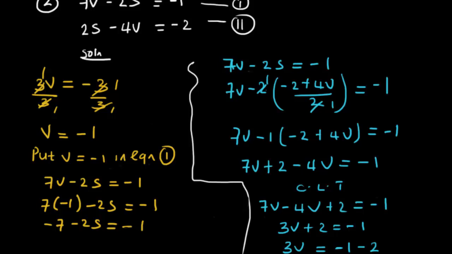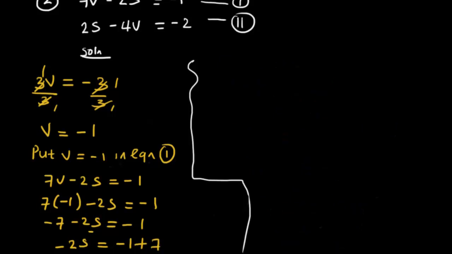Minus 7 comes to meet minus 1. The sign of 2s here is minus 2s equals minus 1. When minus 7 crosses the equal to sign, it becomes plus 7. I hope you understand this. So I'll be having minus 2s equals minus 1 plus 7, which is 6.